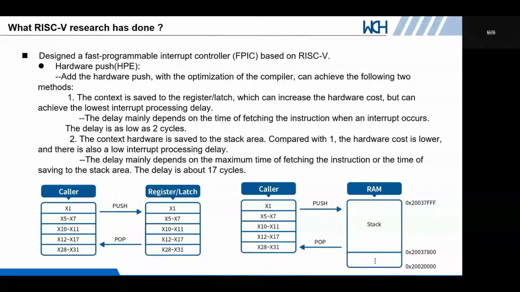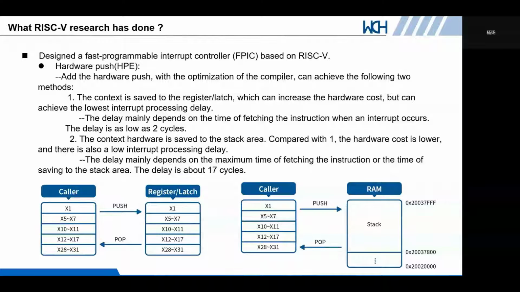In view of the large delay in saving context of RISC-V software stack push, more than or equal to 19 cycles, encountered earlier, we designed a hardware push method based on actual application requirements. We call this HPE mode, which stands for hardware prologue epilogue.